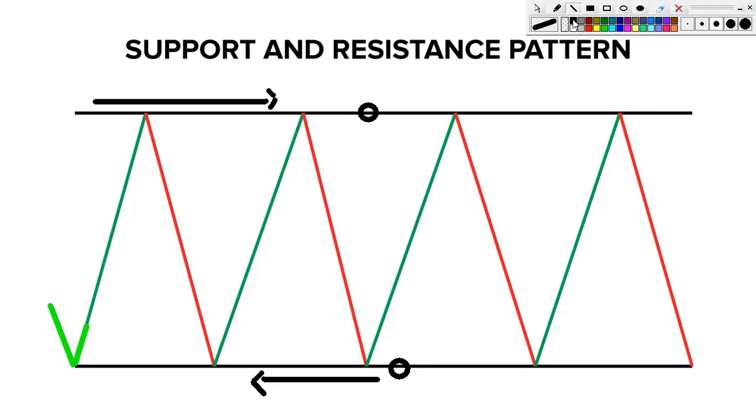So let's say a doji occurred right here. A doji is this, if you don't know what a doji is. When you see something like a star, this is a doji. So let's say it occurred somewhere here.